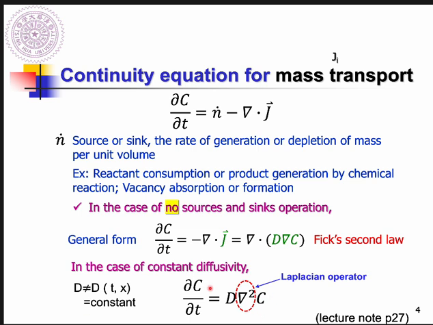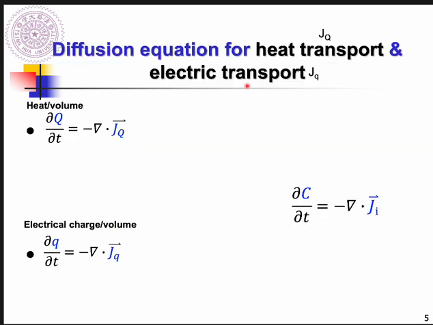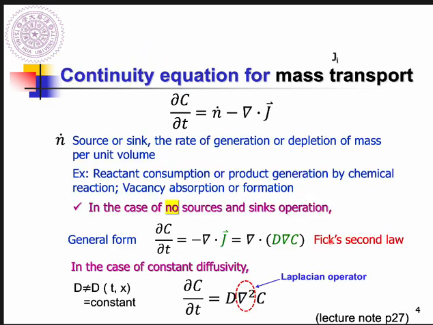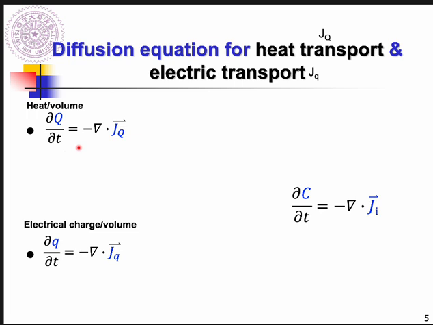But the same continuity equation can also be applied to heat transport and charge transport. This is what we have derived here, right? I want to show you how to use the diffusion equation or continuity equation for heat transport. The heat change rate can be rewritten as the negative gradient of the flux.